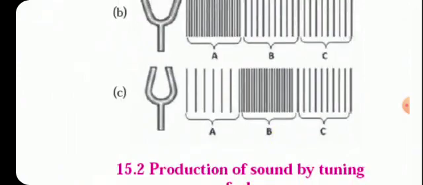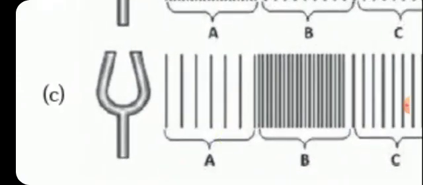You can see here rarefaction, then compression, then rarefaction. So alternate bands of compression and rarefaction form as the sound wave propagates in the air.